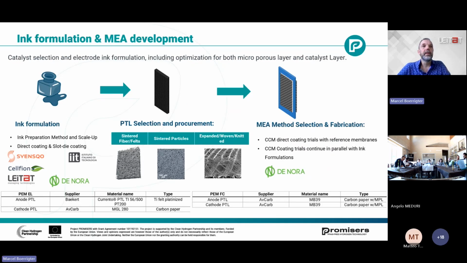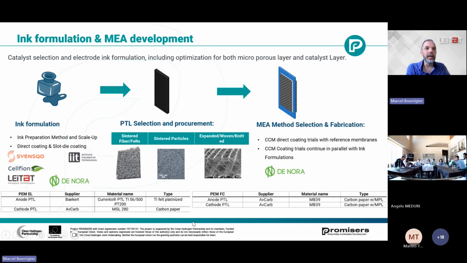If you then look at the ink formulation and MEA development, the ionomers were provided to NORA, which did some ink preparation, and also the PTL selection and procurement. They tested several different PTLs, fiber felts and particles, and also woven and knitted.